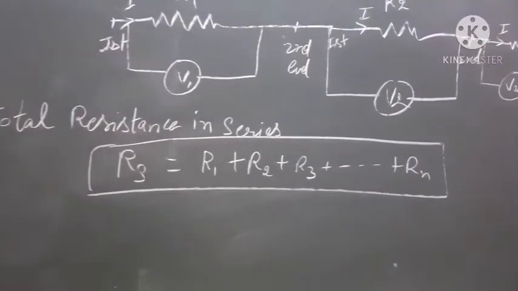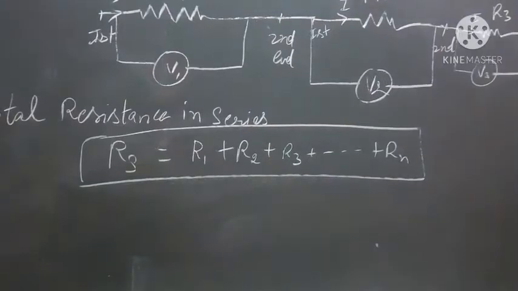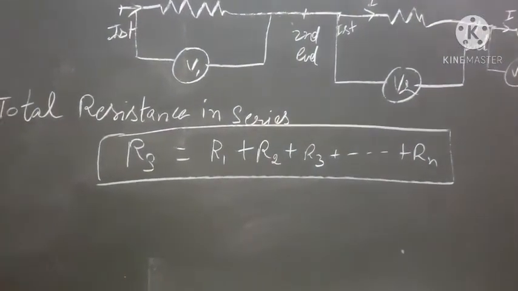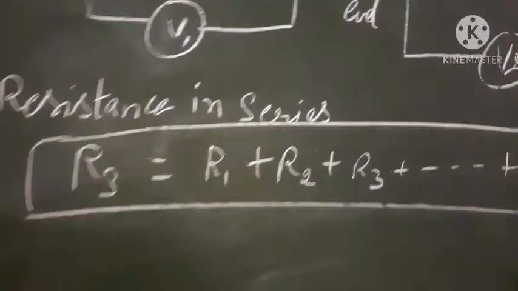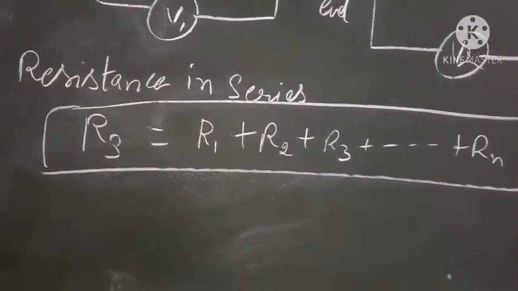So this is the formula for the total resistance in series. Now the question is, how do we get this formula? That means what is the derivation of total resistance in series?